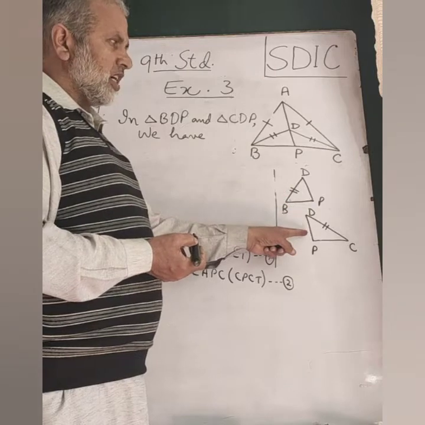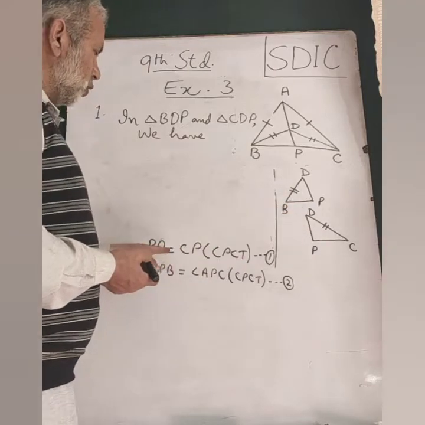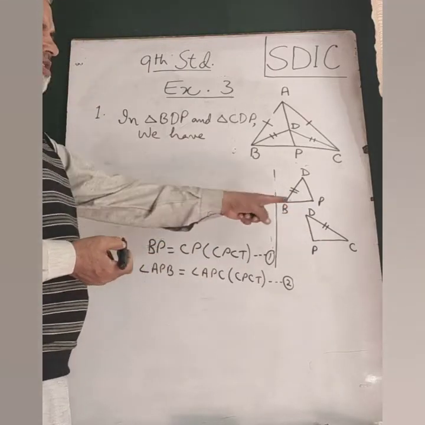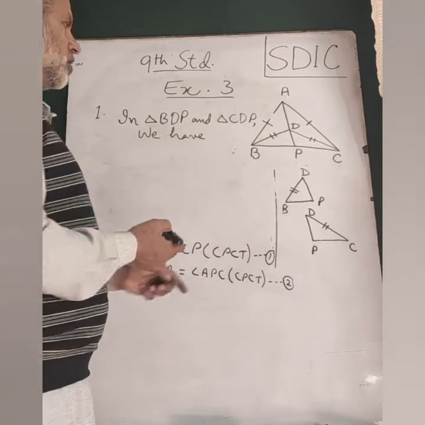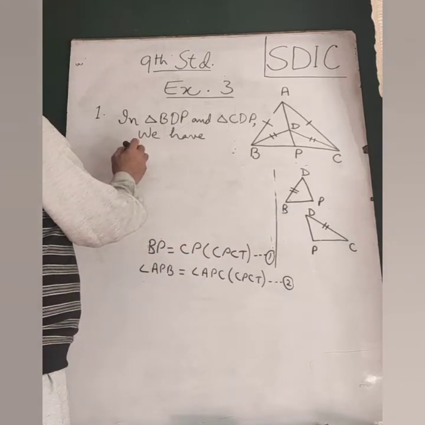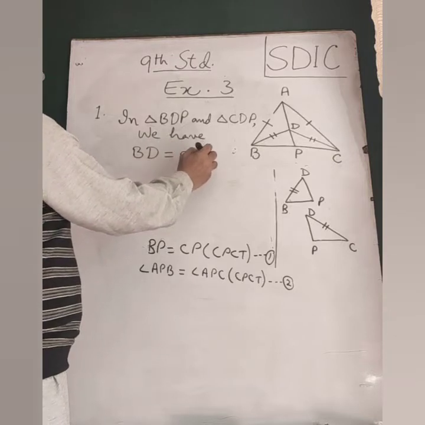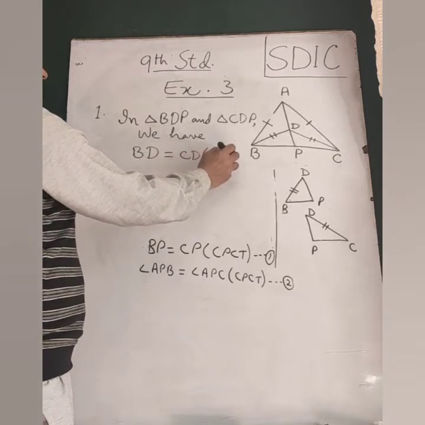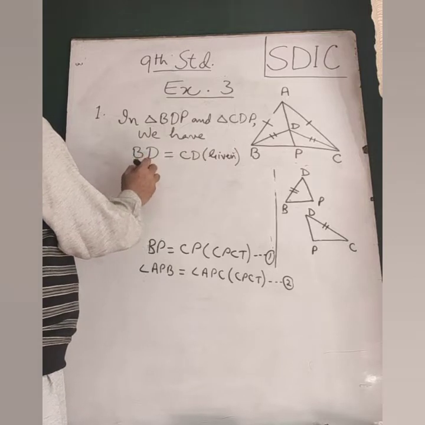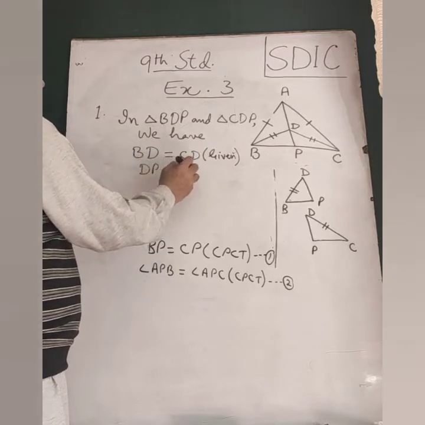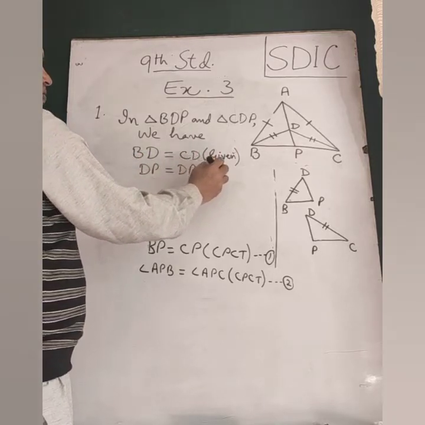DP is the common side. BP equal to CP we have proved here. So by SSS congruency rule, these two triangles will be congruent. So what do we have? BD is equal to CD given. DP is equal to DP, common side.